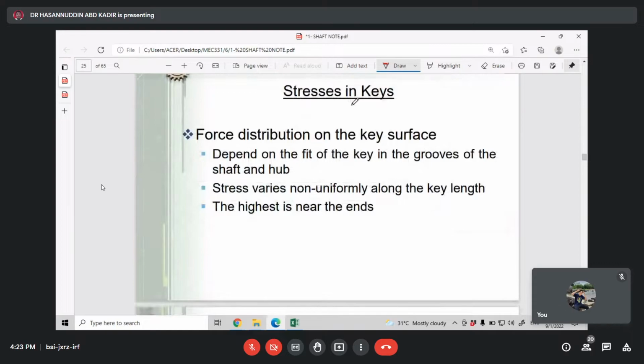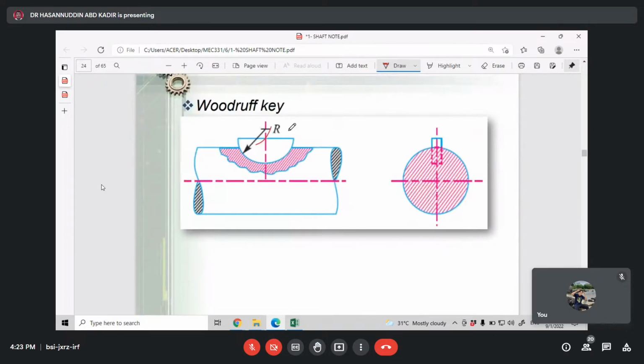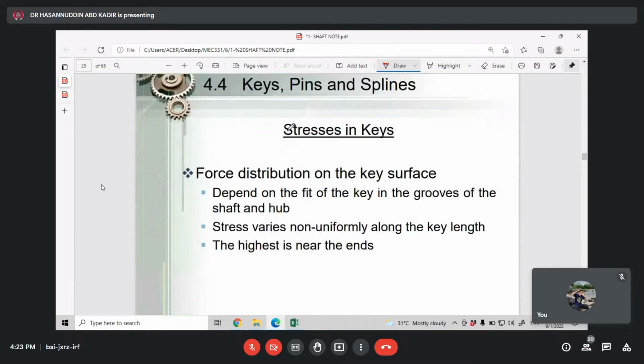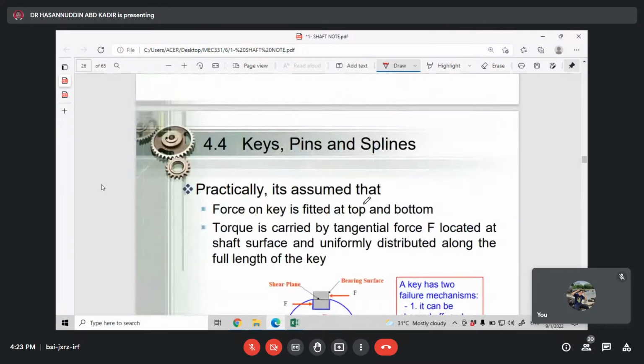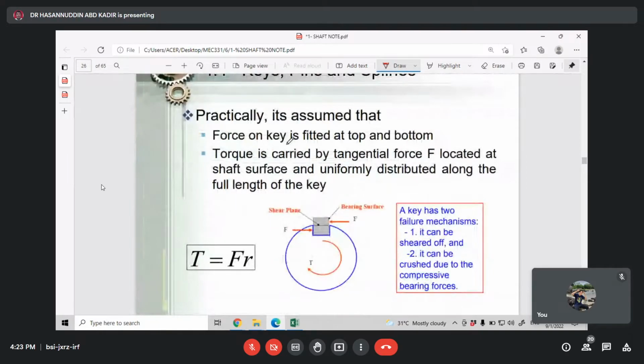Okay, this is stress in the keys. When the component rotates and the shaft also rotates, there must be stress, there must be force on the key. If you look at the key, it is small. So how can it sustain that stress? That is by calculation. We have done the calculation. Practically, we assume the key is fitted, top and bottom.